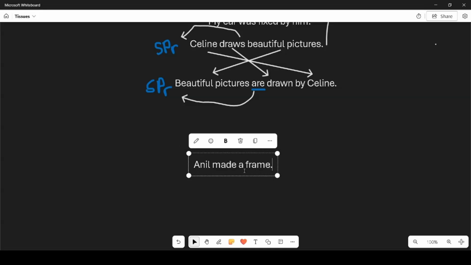So this is pretty simple, right? I'll make it a little tough. Instead of Anil, I'll make it Max and Sam together.